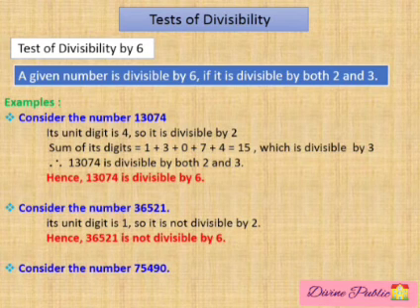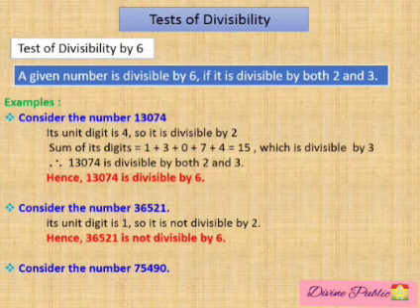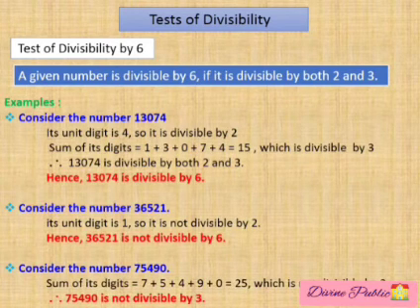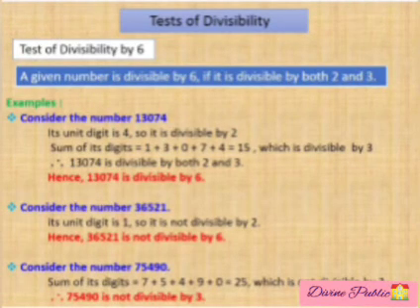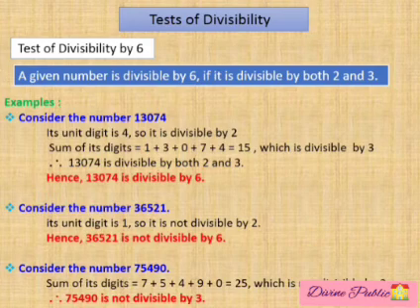Now consider the number 75,490. Sum of its digits is 7 plus 5 plus 4 plus 9 plus 0, that is 25, which is not divisible by 3. Therefore, 75,490 is not divisible by 3.